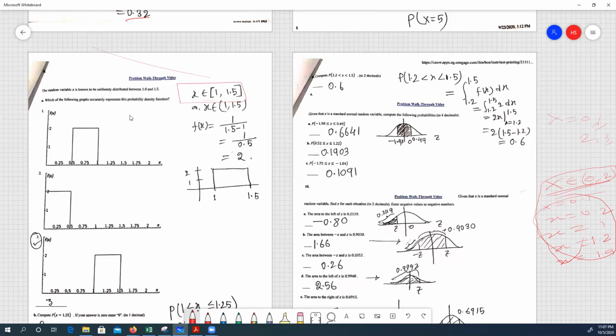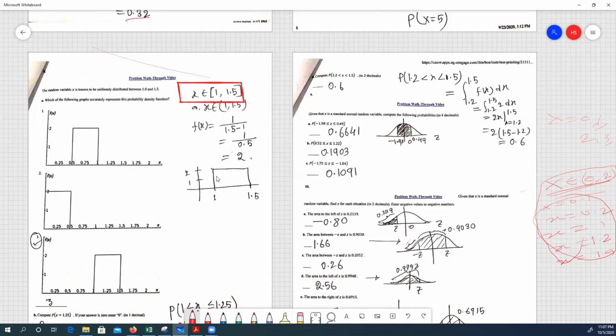Okay, so here we are given x is uniformly distributed from 1 to 1.5. So what does the uniform distribution mean? The uniform distribution means for each value of x, the probability density is constant. That means the probability is the same for each value of x.